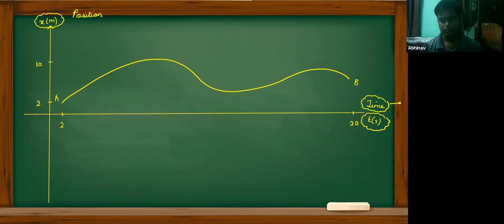At 2 seconds, the object is at 2 meters, and at 20 seconds, the object is at B. Let's say B is at 8 meters.